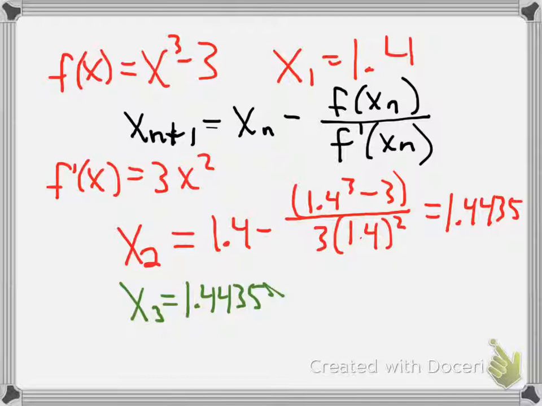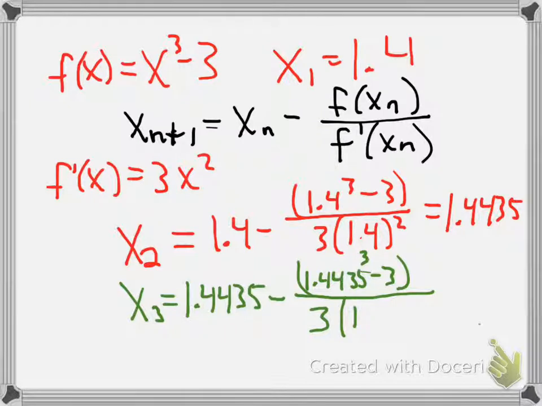minus 1.4435 cubed minus 3. That should have been cubed in the original, so I'll fix that. Oops, I was okay in the original, I just missed the cube on my second guy right there. x cubed minus 3, divided by 3 times 1.4435 squared.